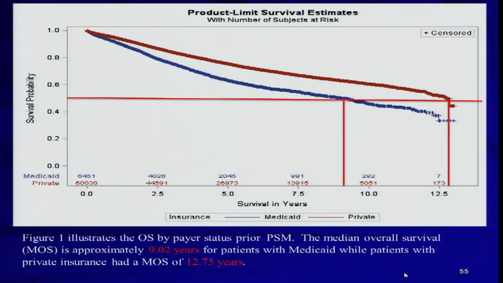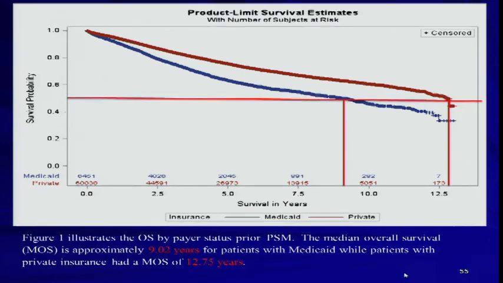Then, like this, before propensity score matching, we can observe the median overall survival for Medicaid patients. It's about 8-point-something years. But for private, you can say about 12 years. Just simply doing nothing, we observe the payer status has an effect on the survival of these colon cancer patients.